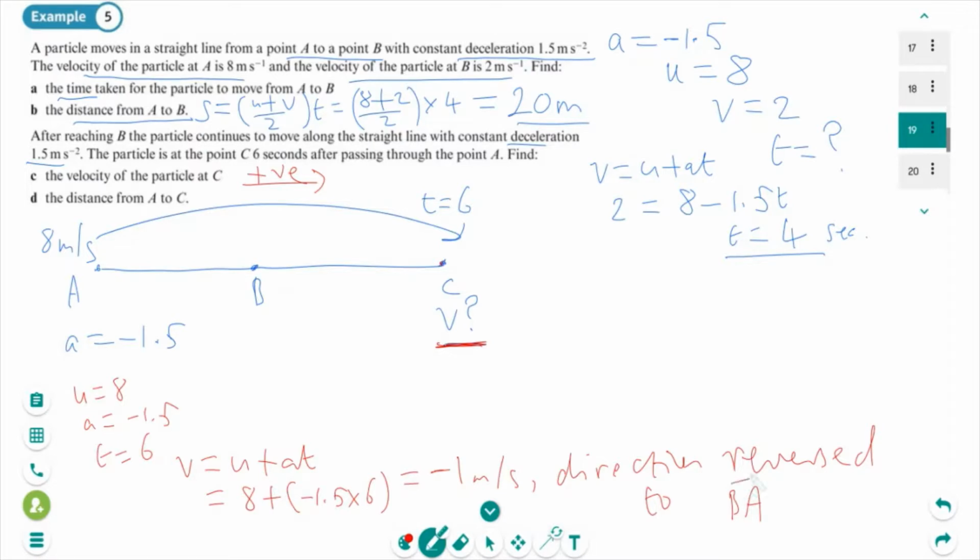It's up to you. Is that okay? Yeah, that's part C. So the velocity at C is negative 1 meters per second.